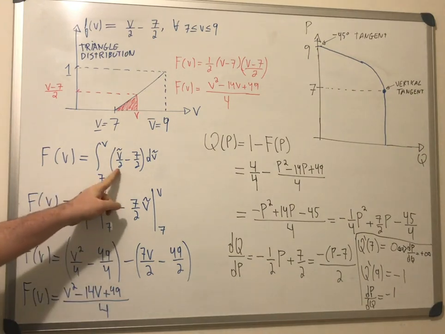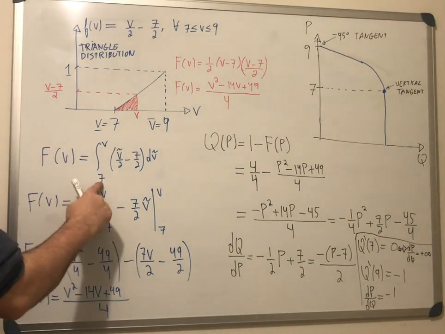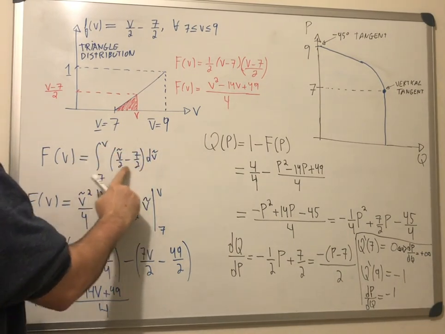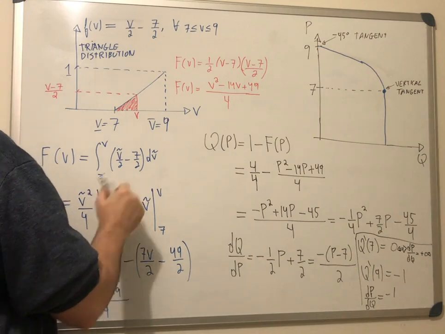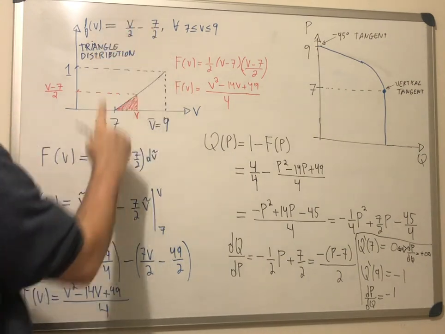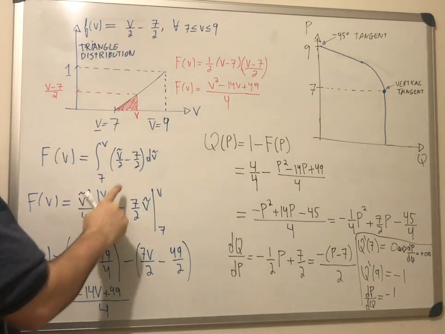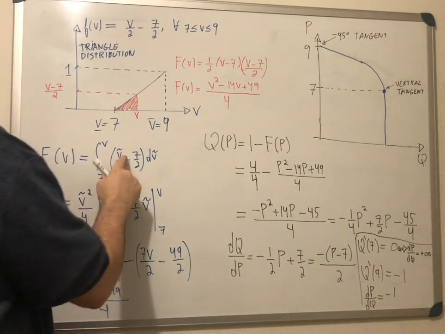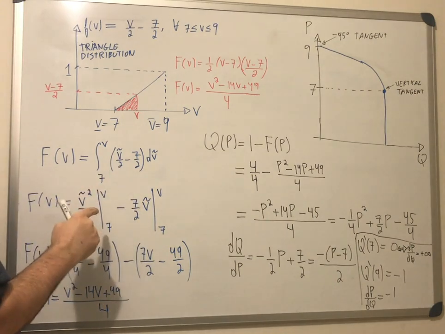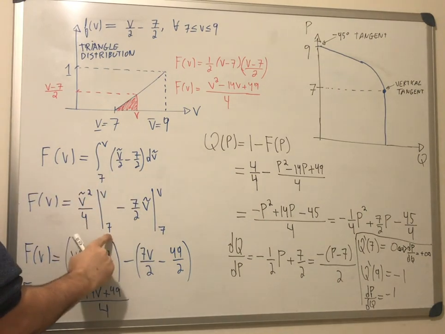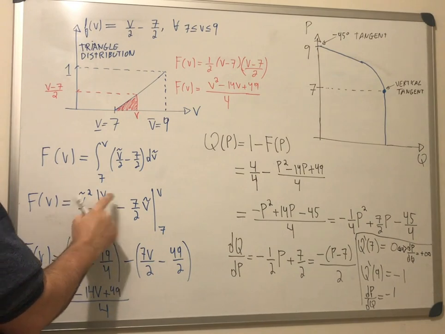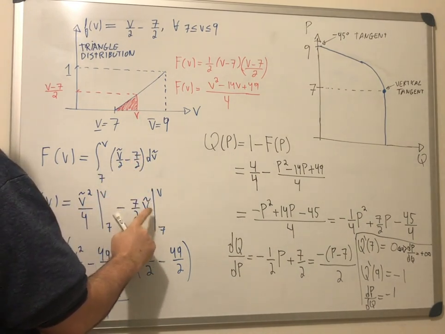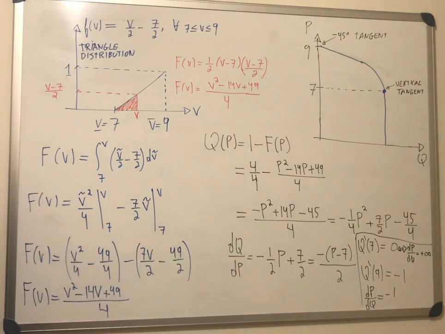If you do the integral from 7 up to v of your density, this expression here, and I integrate v over 2, the integral is v squared over 4, integrating from 7 to v, and minus 7/2 of v, integrating from 7 to v.